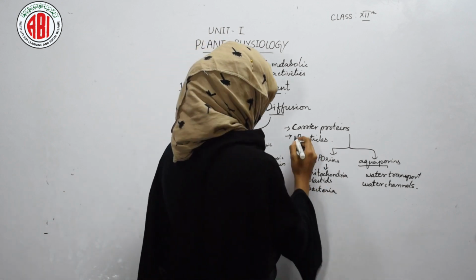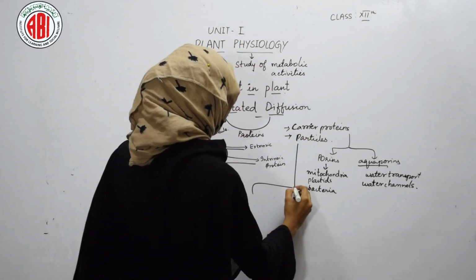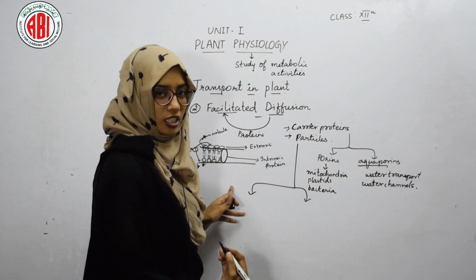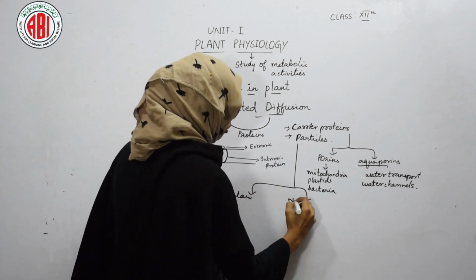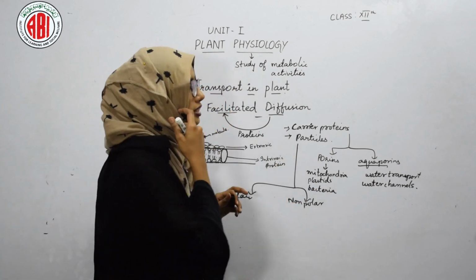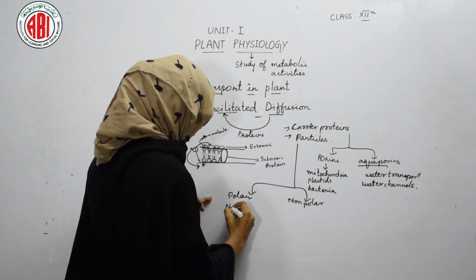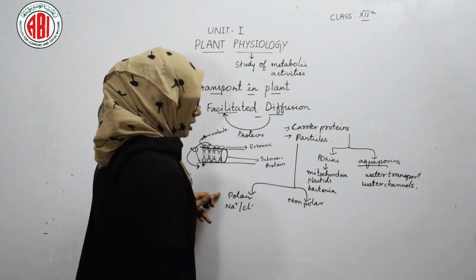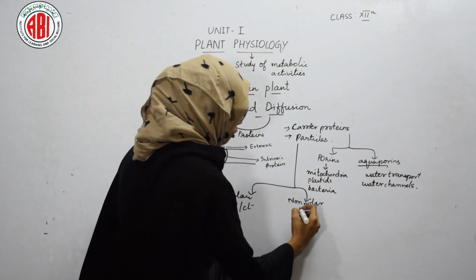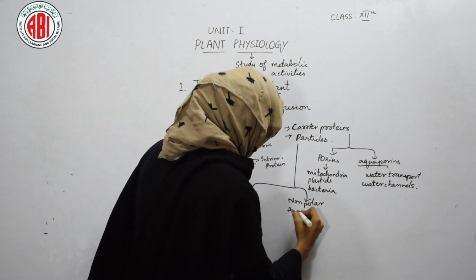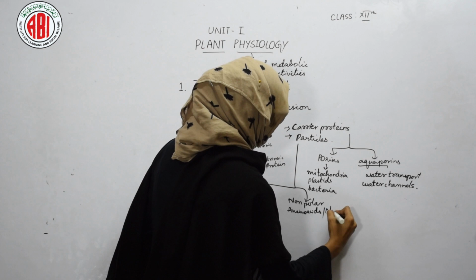And the particles which need to get transported are of two types. They may be polar or non-polar. We can take examples of ions like Na plus and Cl minus under polar particles, and the non-polar particles include amino acids and nucleosides.